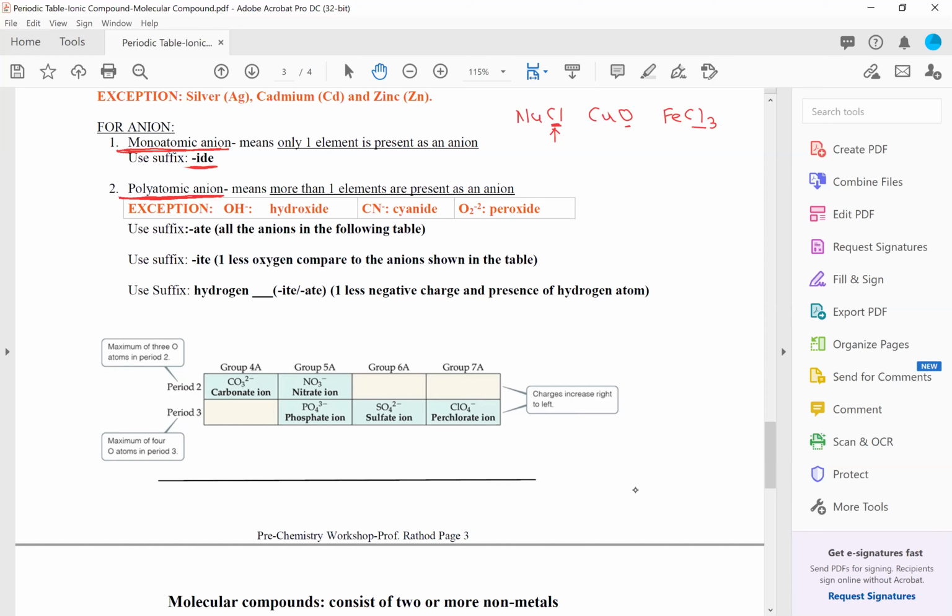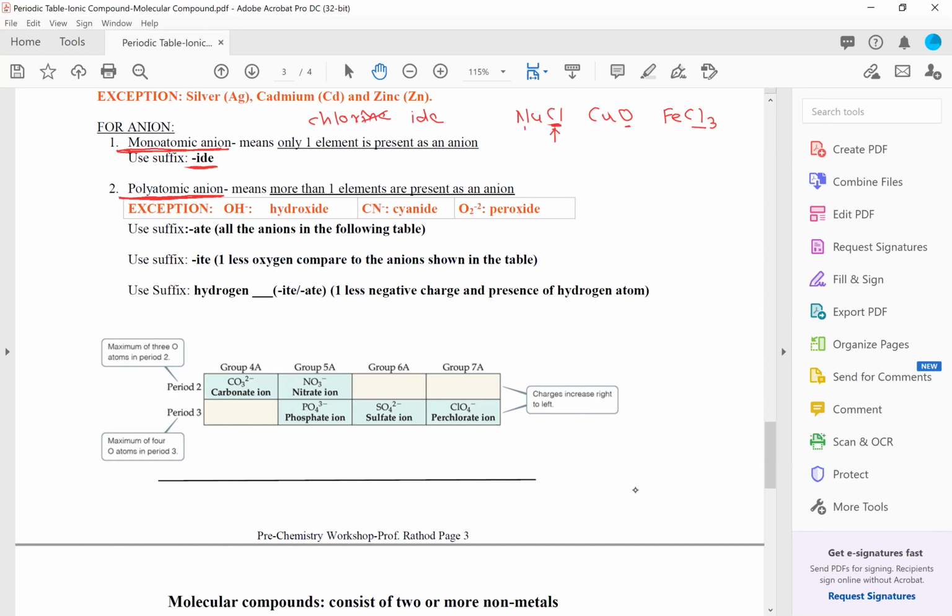If you look at the periodic table and the symbol Cl, Cl is called chlorine as an element. However, as a monoatomic anion, instead of chlorine, we're going to replace INE with IDE. So the name should be chloride.